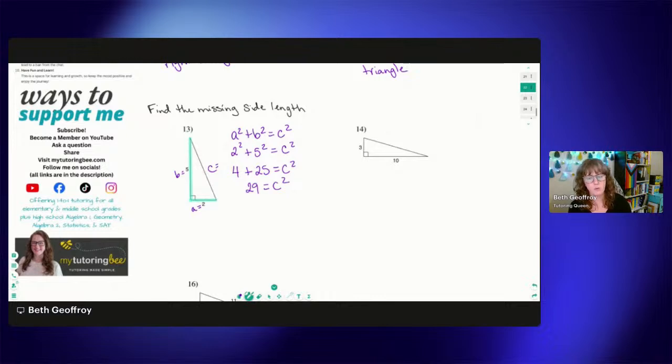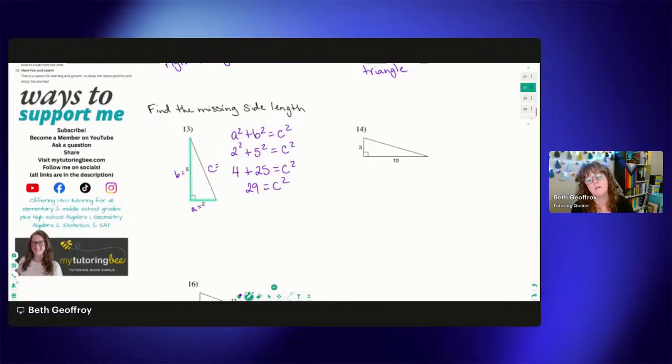C squared represents, if we drew a square out from the side of this triangle, whatever C is times C again. It would be the area of this big square here, right? Because for the area of a square, you would take the side times side. Or if you want to think of it as length times width, that's another way to think of it.